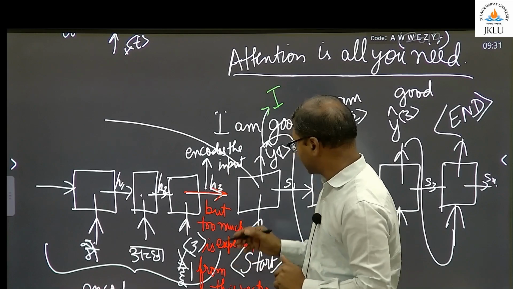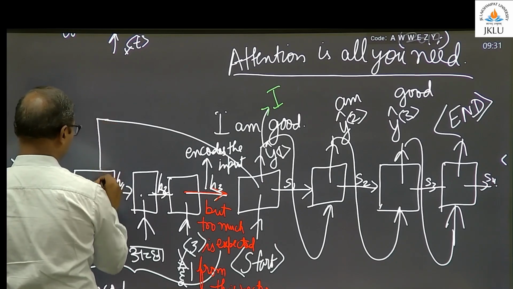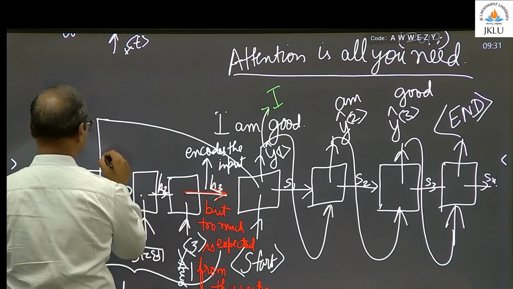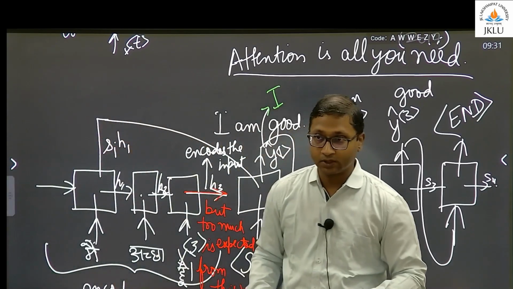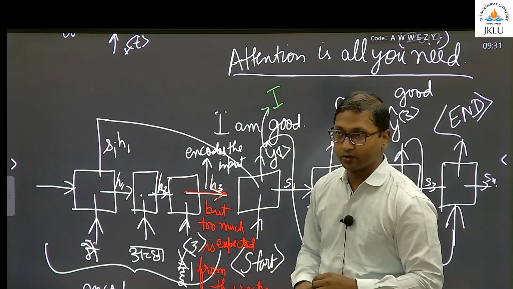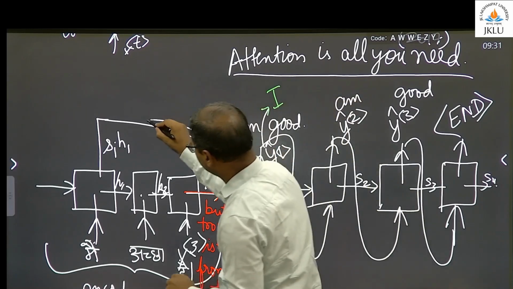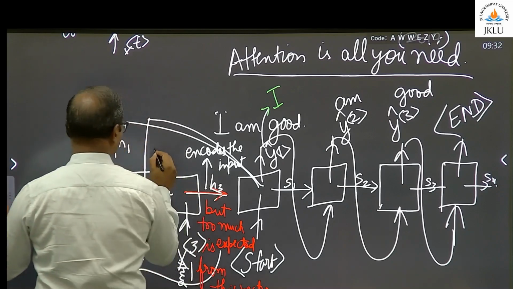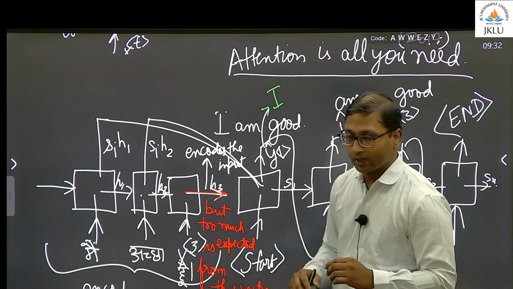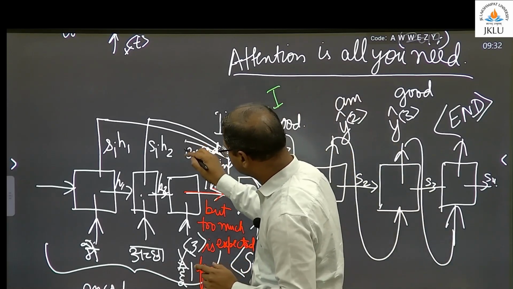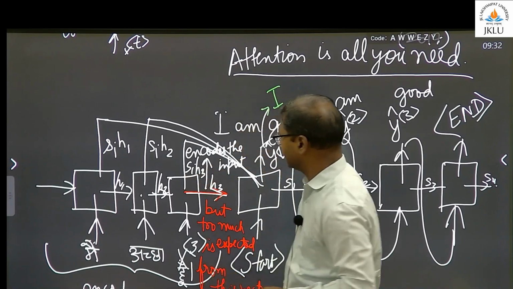What attention says is the following: you take the dot product of S1 with H1. This is the dot product. You take the dot product of S1 with H2 and you take the dot product of S1 with H3.